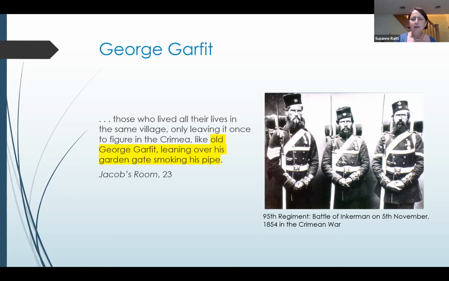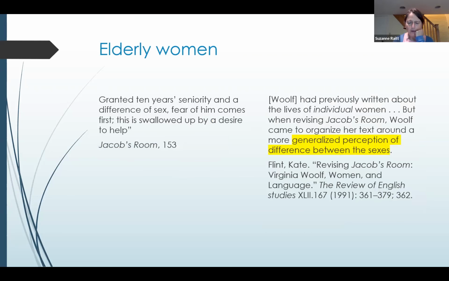The story itself is told by a woman, the narrator, who is 10 years older than her youthful subject and whose feelings towards Jacob, like Betty's, are maternal. She feels excluded. She feels protective. Granted 10 years seniority and a difference of sex, fear of him comes first. This is swallowed up by a desire to help.